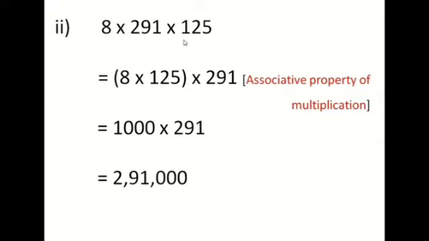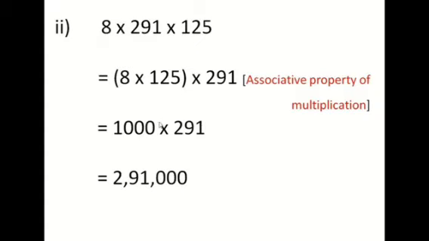If you take 291 and 125, 1 five is 5. Whereas 8 into 5 gives the product 40, so 0 will come in its place. So we will take 8 into 125 in a group and again multiply it by 291. Please mention the property, associative property of multiplication.